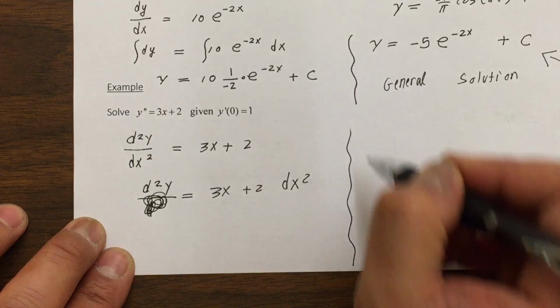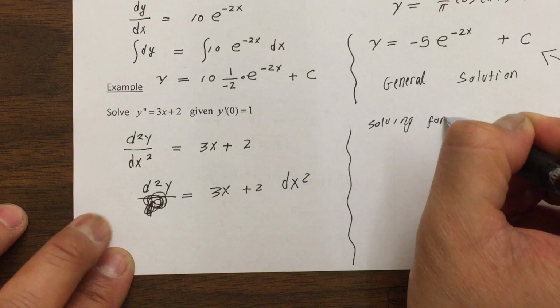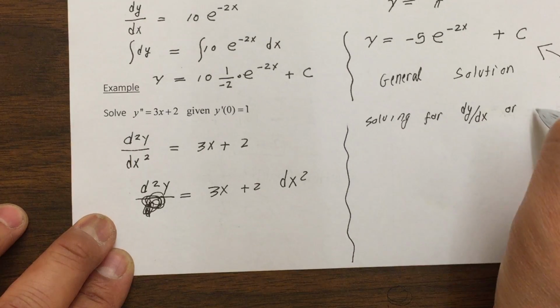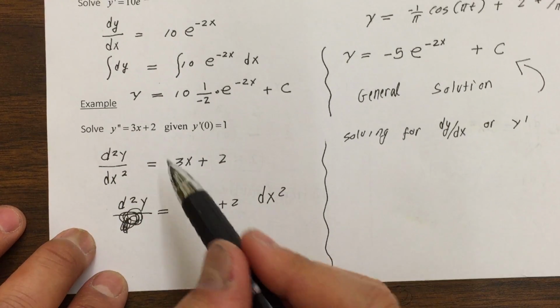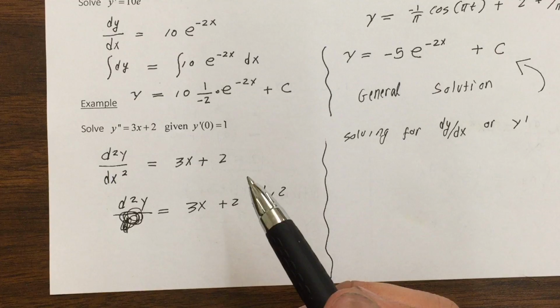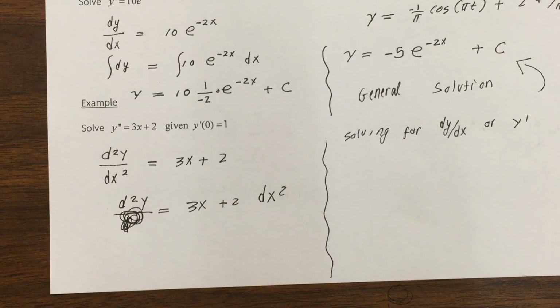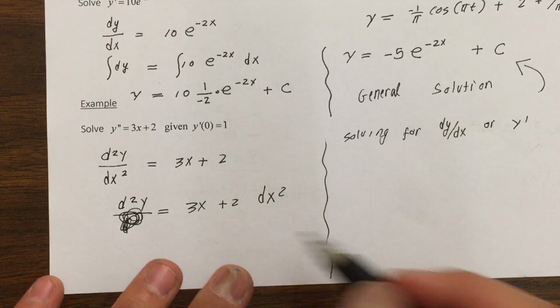So this is solving for the first derivative, or y prime, because we're given y double prime. So when you solve the differential equation, you're finding the antiderivative of it, and that means you're going to get y prime, right?